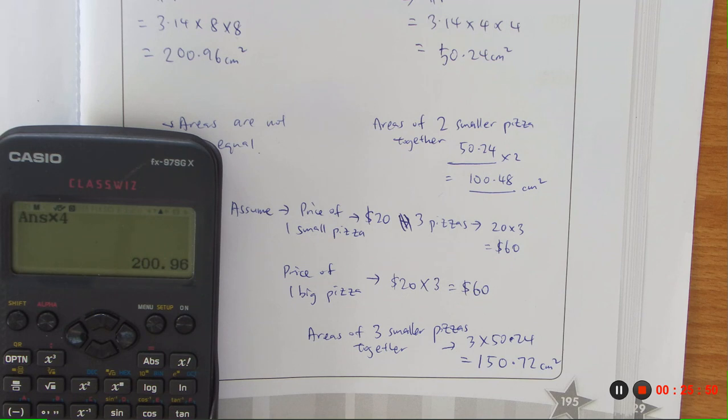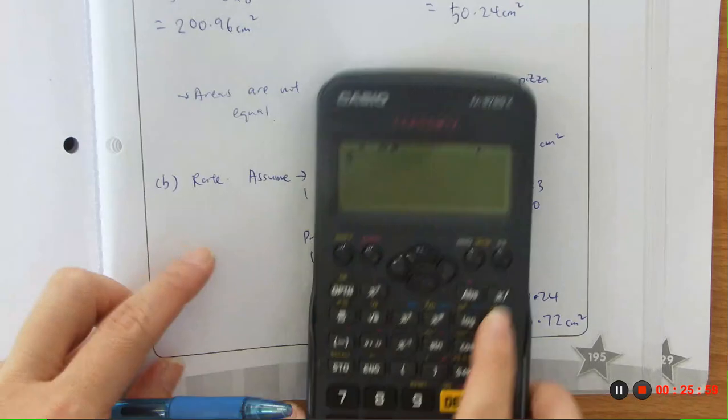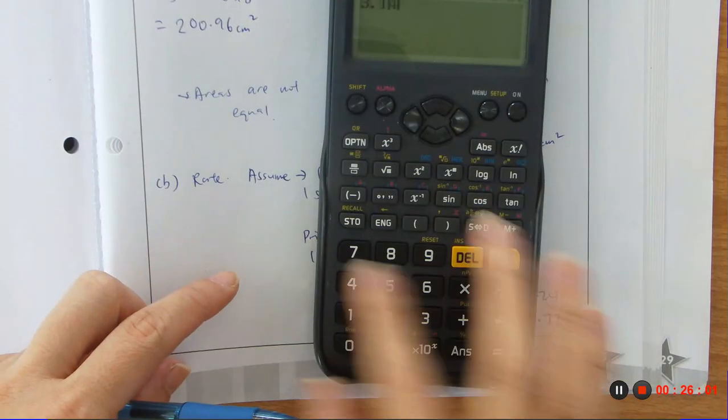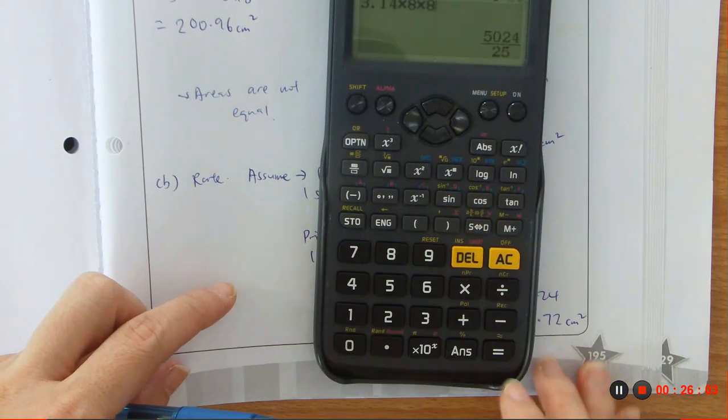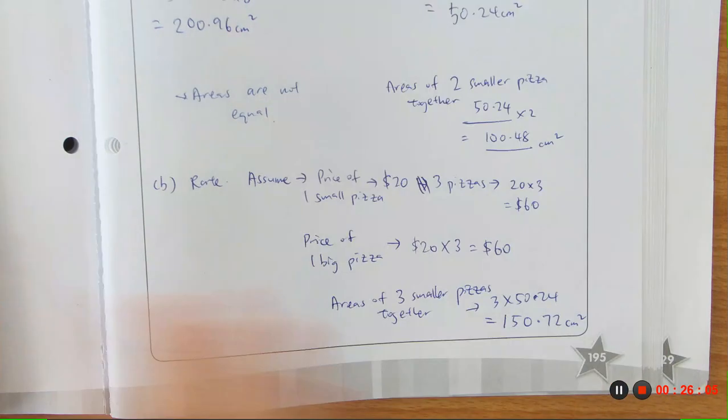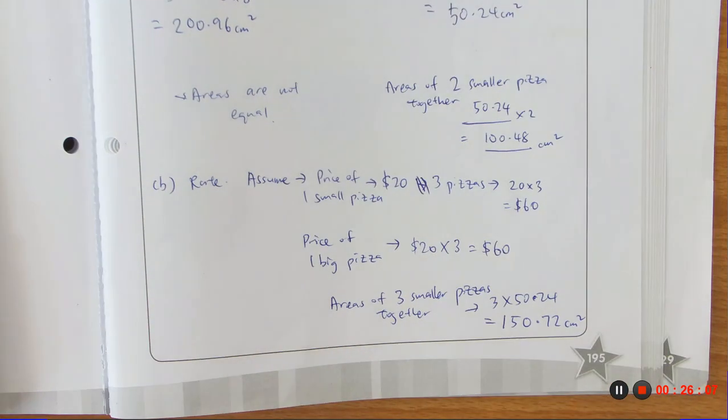Because I said more, right? So buying 4 is equal. Is that alright? Okay, let me double check, is it correct? Yes, that's correct. So those of you who answered 5 are correct. You need to buy 5, then you can have more. But if you want equal, it will be 4.